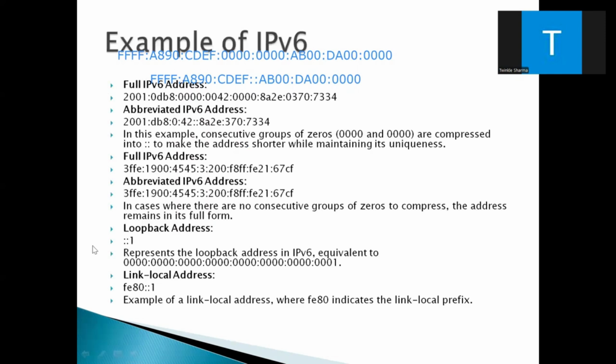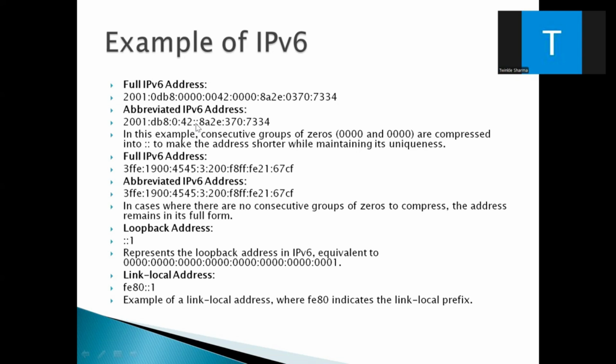The full IPv6 address is this, 2001:0DB8. Then the abbreviated IPv6 address. You can observe that we didn't write continuous double colons; only one double colon in a single IP address.